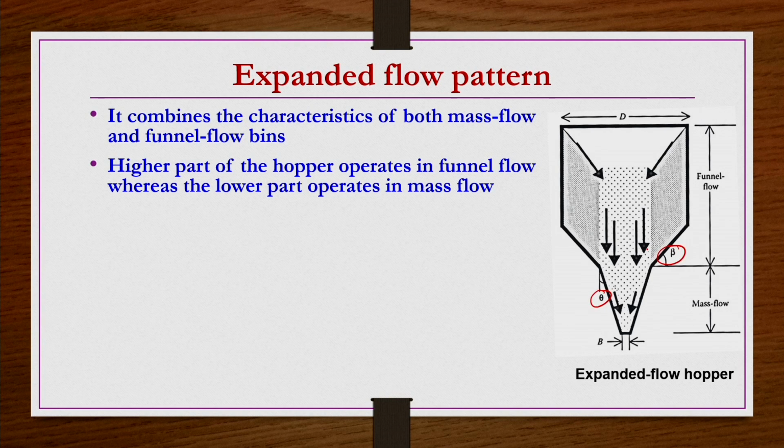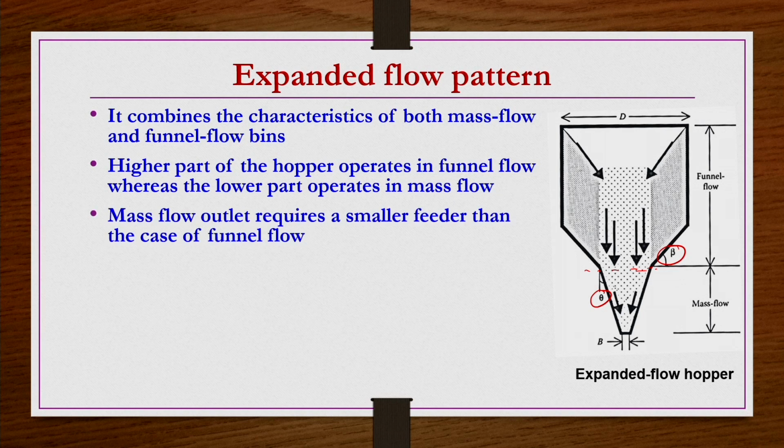When you know the critical dimension of the rat holes for a funnel flow, below that you can have another hopper where you can have mass flow. So, it is a modification of funnel flow, to avoid some of the disadvantages of funnel flow that we have seen.